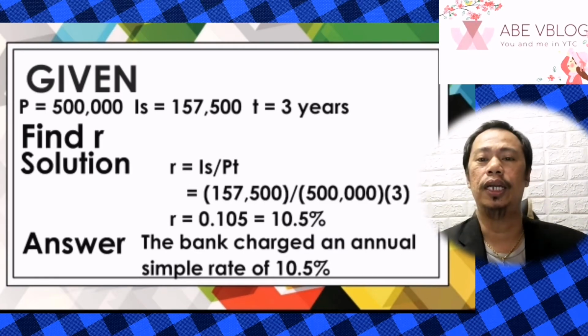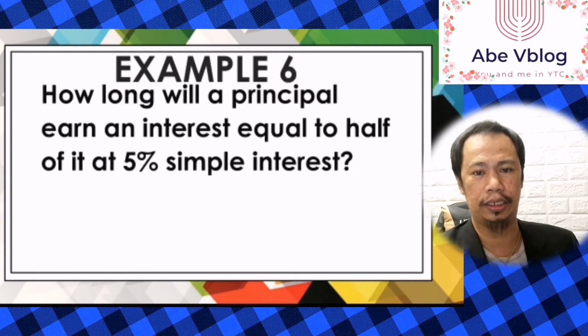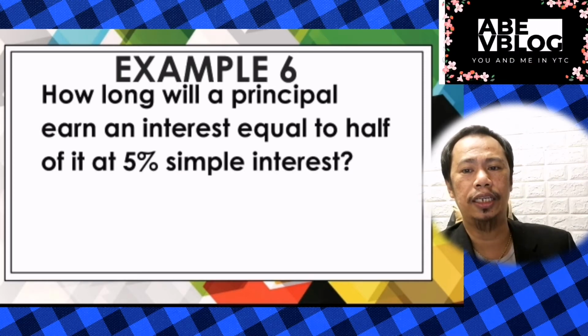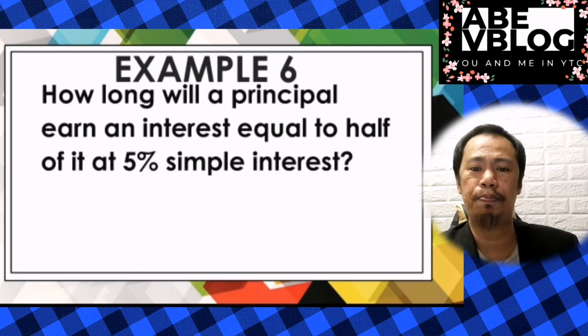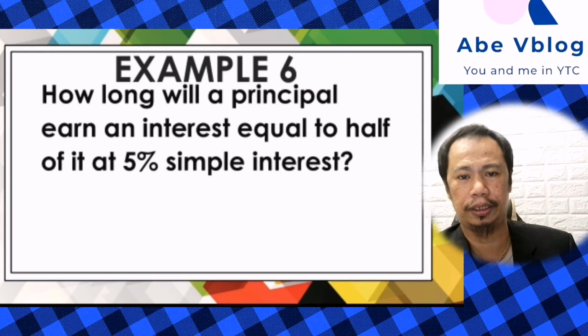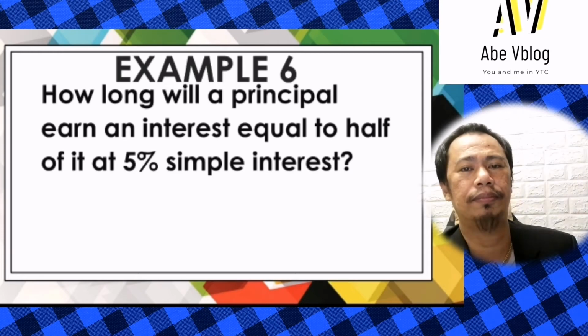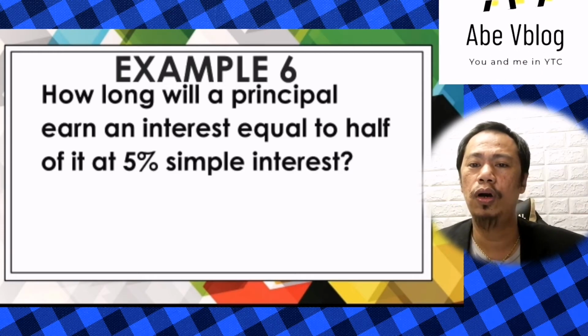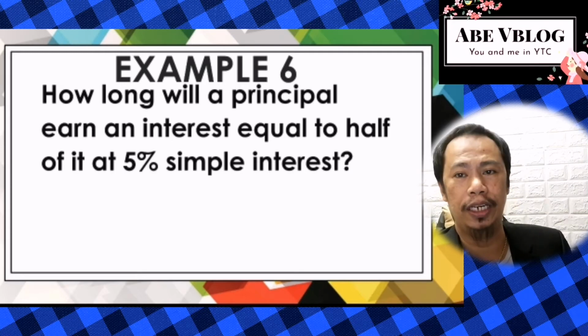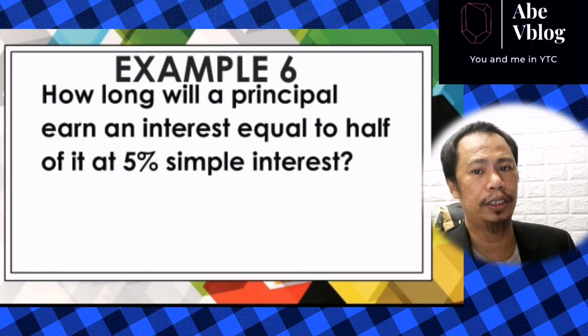Okay, now let's go to example number 6. How long will a principal earn an interest equal to half of it at 5% simple interest? Again, how long will a principal earn an interest equal to half of it at 5% simple interest?